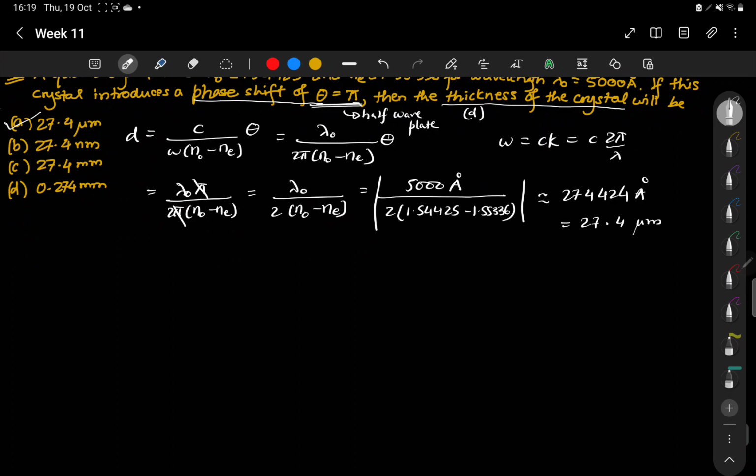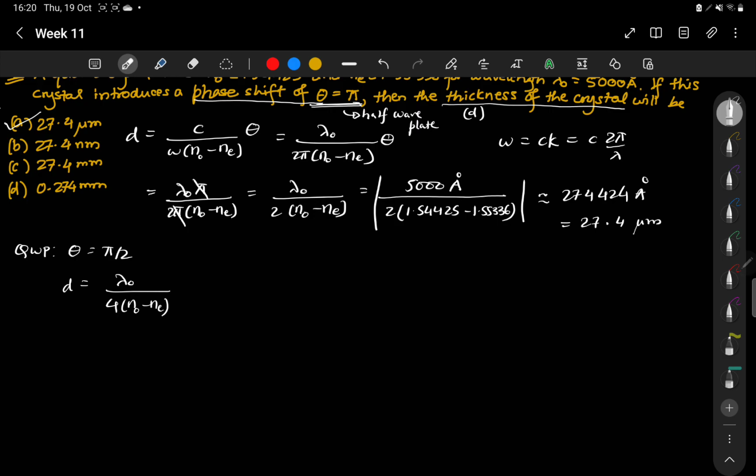If you wanted a quarter wave plate, then theta would be equal to pi by 2, and in that case the thickness would be lambda naught over 4 times NO minus NE.